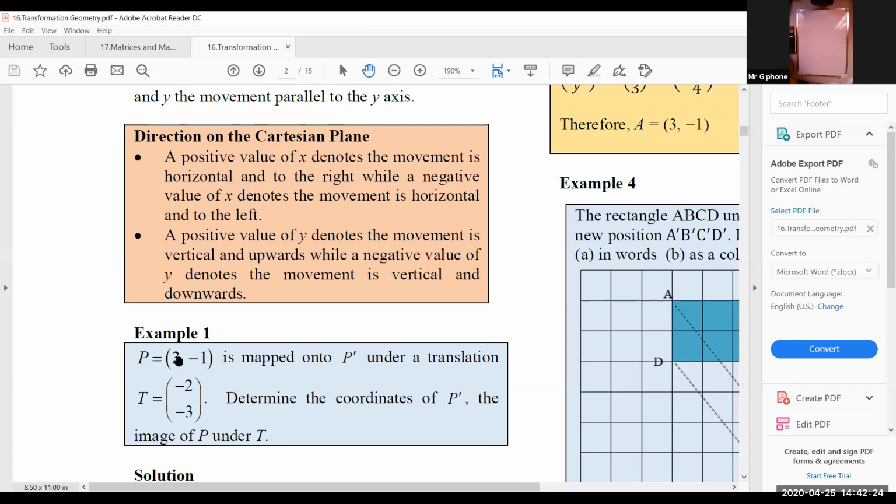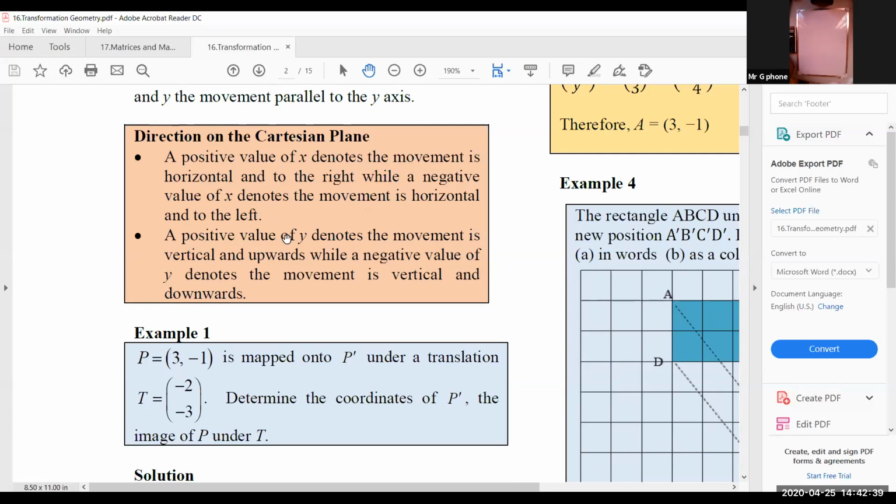So in this case here, remember this is in the form x and y, right? P is 3 and -1, and the value of x here is 3. So it's a positive value, and the positive value denotes the movement is horizontal and to the right.